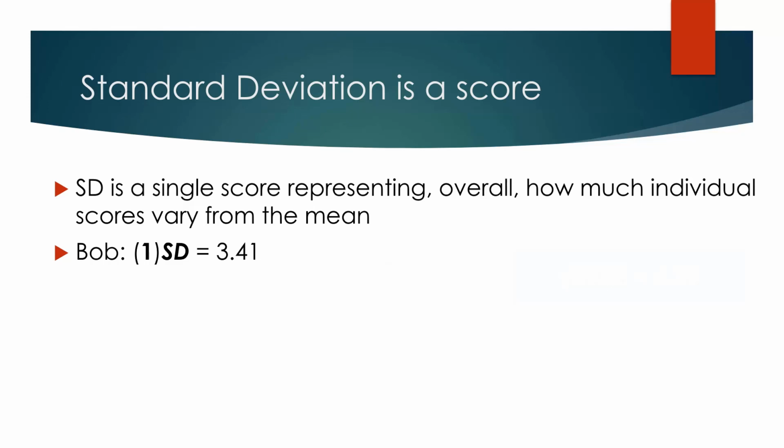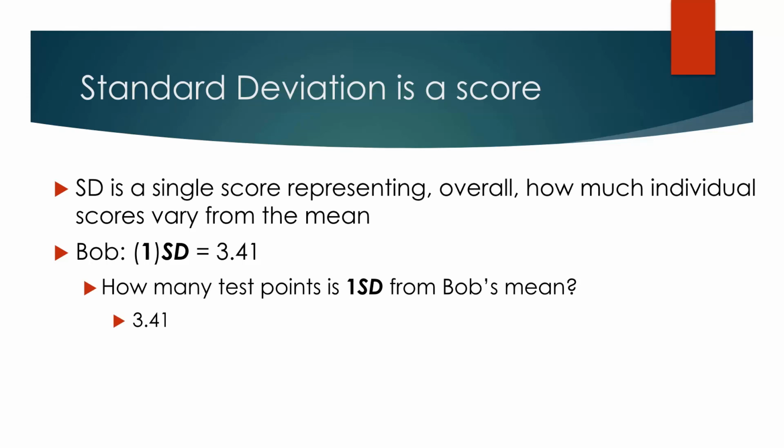Now, how many test points is one standard deviation from Bob's mean? 3.41. We got that. Now, how many are two standard deviations? Well, you would take 3.41 plus 3.41, and we get 6.82. So 6.82 test points is about two standard deviations away from the mean for Bob, okay?